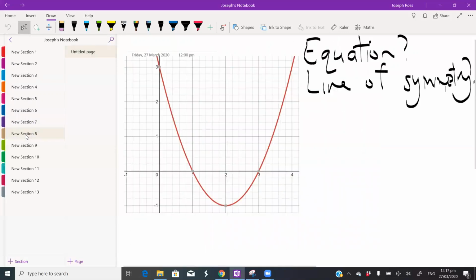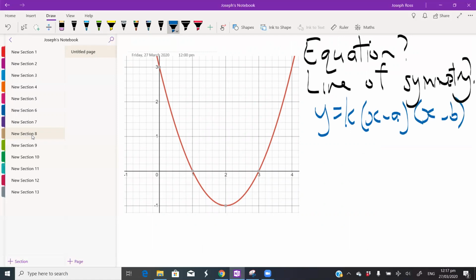So our most common task is going to be to find the equation of a parabola graph. The best form to use here would be y equals k times x minus a times x minus b, because we can read the x-intercepts directly off the graph.